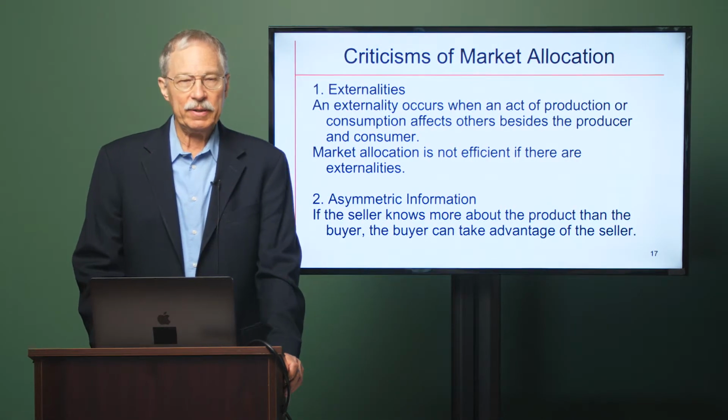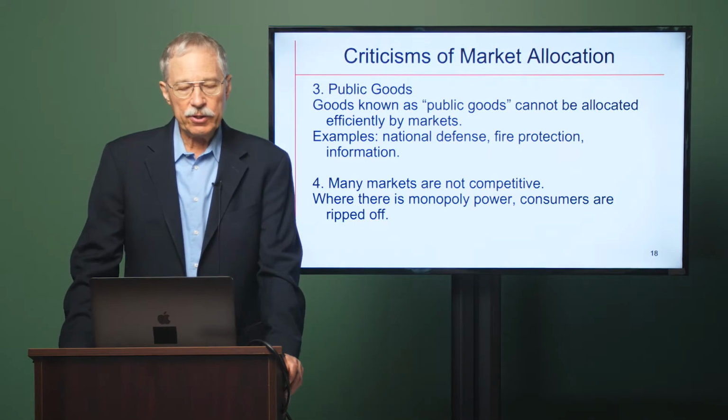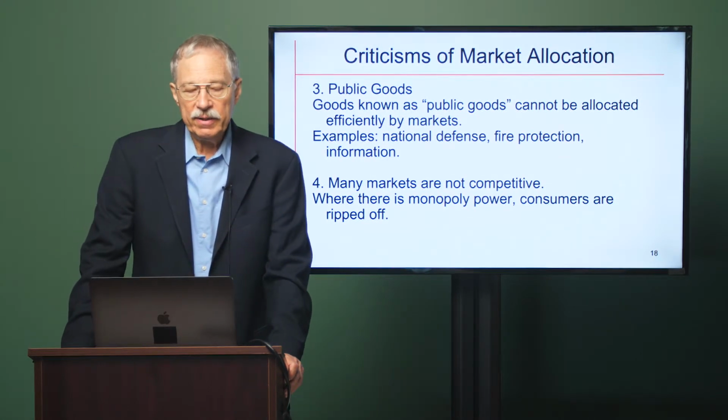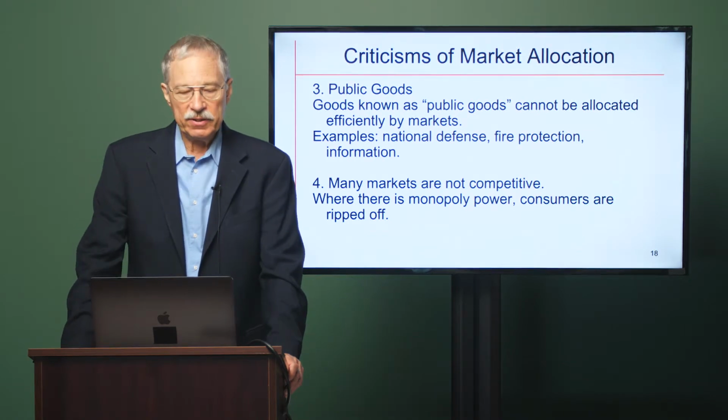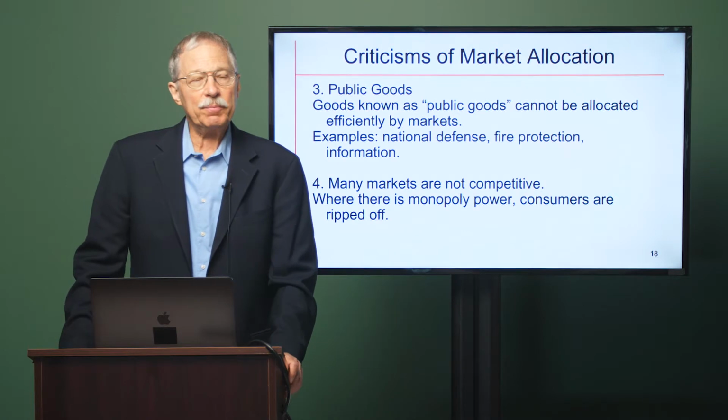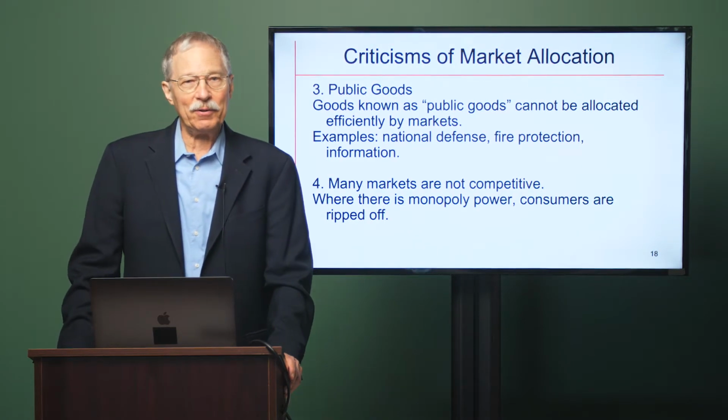You can be ripped off. Third is the problem of public goods. These are goods that cannot be allocated efficiently by markets, such as national defense, fire protection. National defense will either be provided for everyone or not at all. It can't be sold.